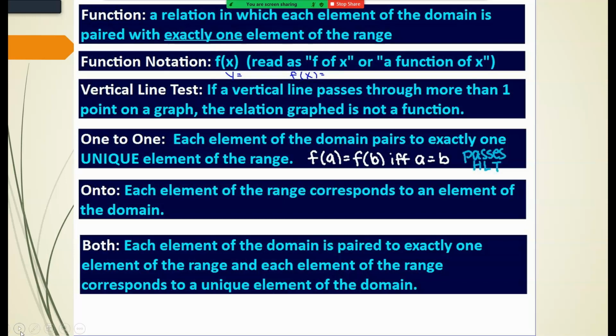And onto simply says that every element in the range corresponds to an element of the domain. So what it means is you cannot have a y value without an x. And graphs that have every x only going to one y and every y pairing back to an element of the domain is known as both.